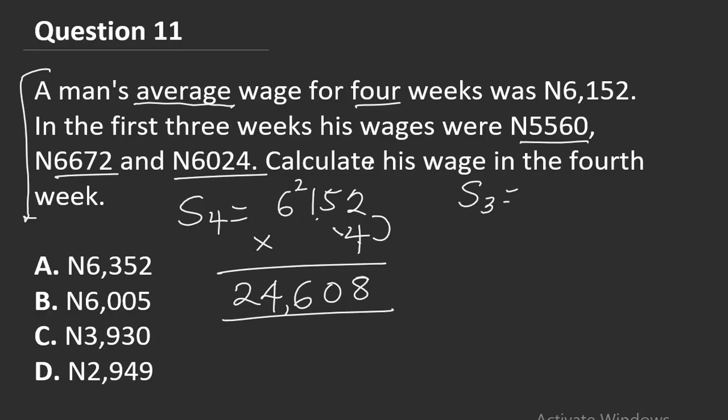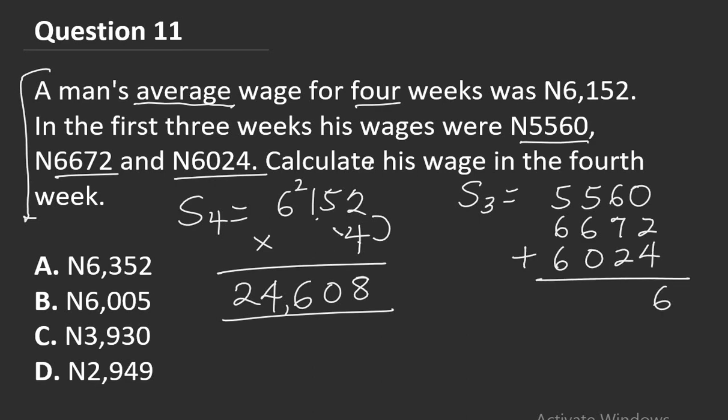Sum of 3 equal to 5560, 6672, 6024. 4 plus 2, 6. 7 plus 6, 13, 14, 15, 5, carry 1. 6 plus 6, 12, plus 1, 18. Now 18,256 is the sum of 3.